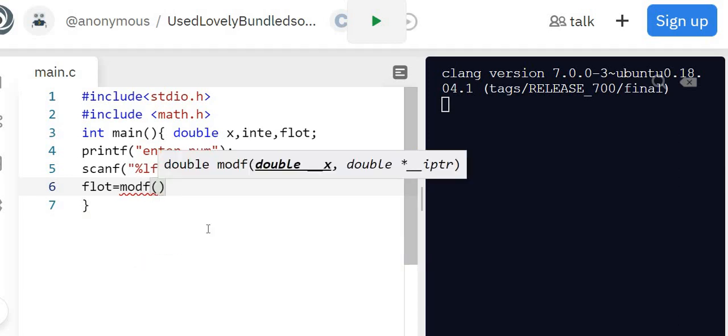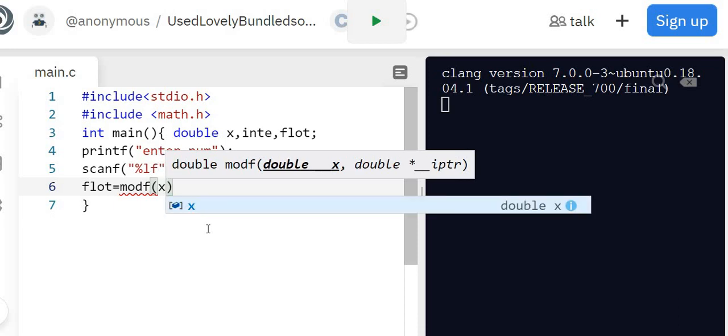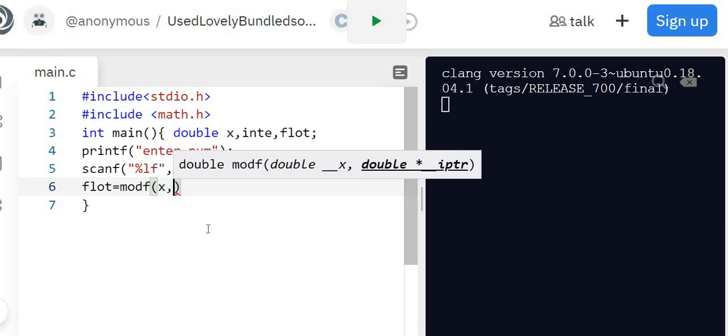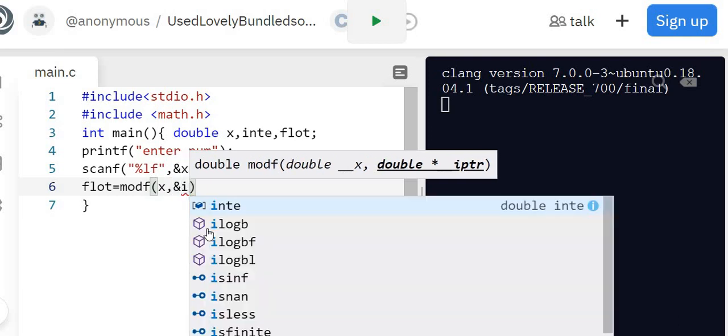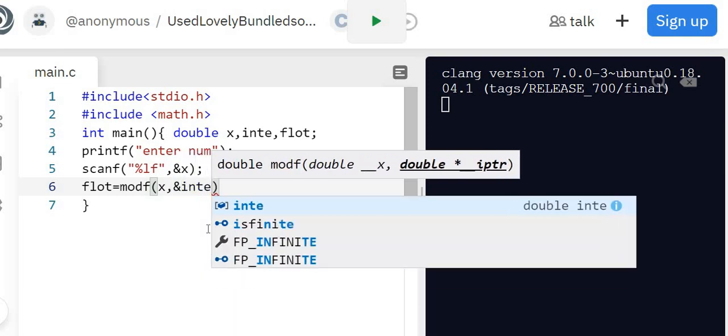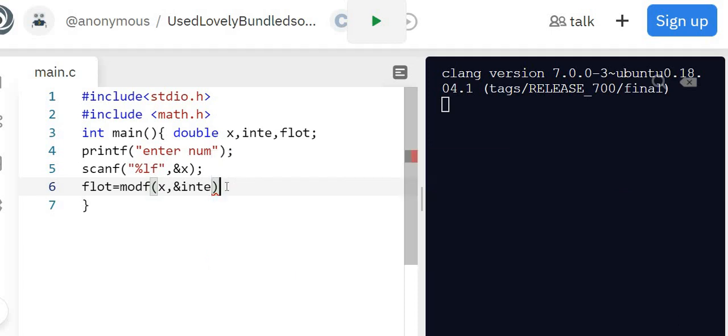Then we have to give in bracket the value of x and the address where to keep the integer part. You have to remember the syntax as it is. After that, int gives the integer part and float gives the real part.